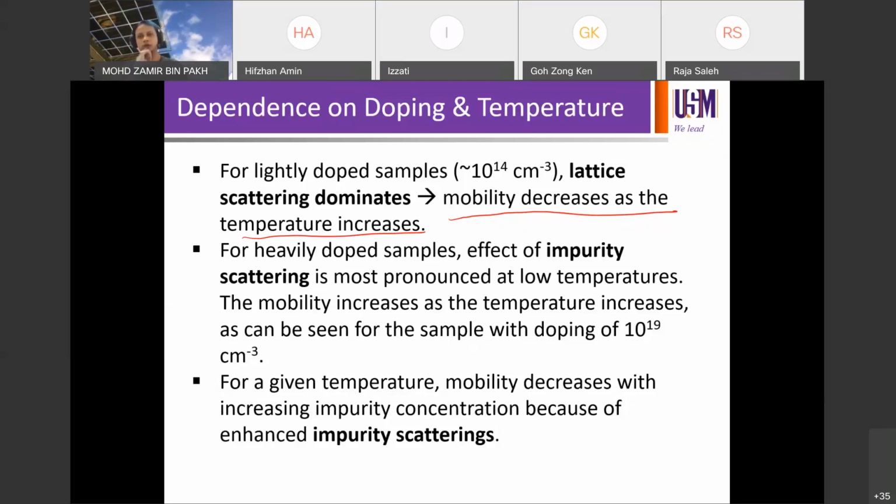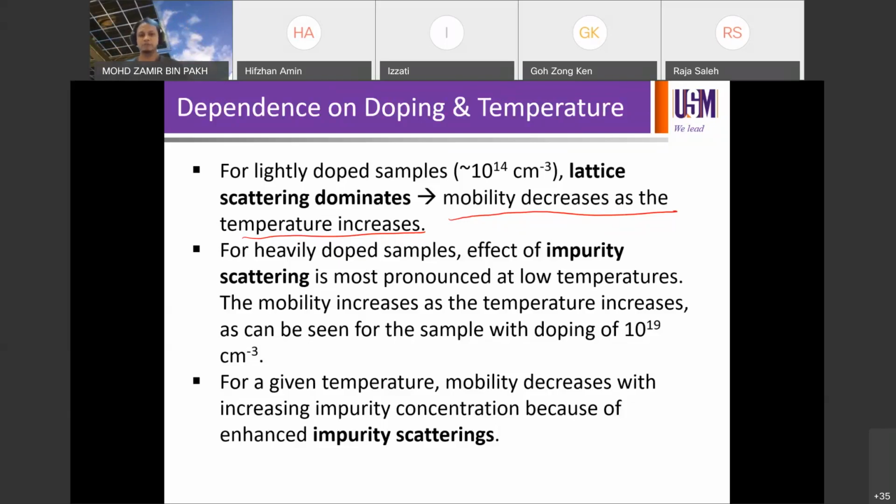So on the other hand, if you dope your sample to higher level, heavily doped sample, the effect of impurity scattering is more pronounced, as you include more and more impurity atoms into the lattice. Okay, then the mobility will be more dependent on the impurity concentration compared to the lattice effect.